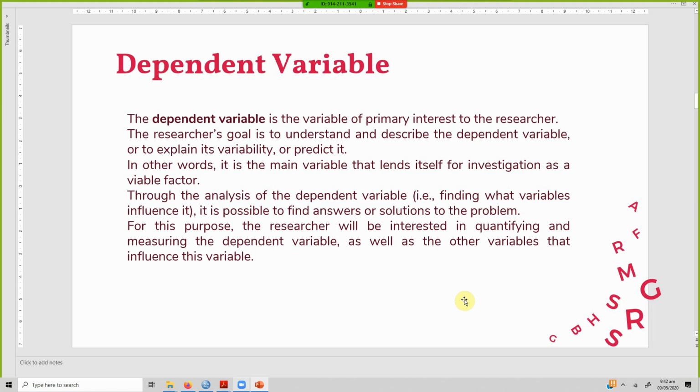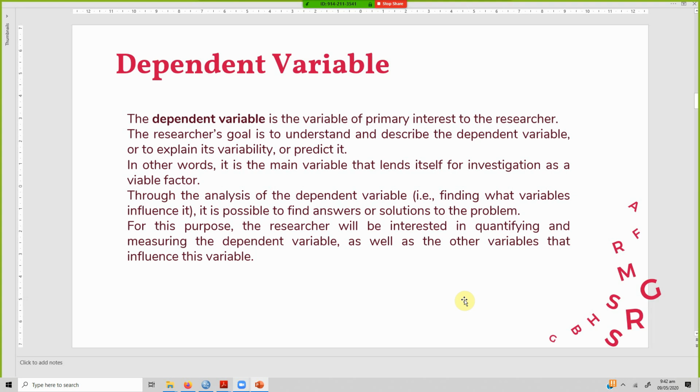In other words, it is the main variable that lends itself to investigation as a viable factor. Through the analysis of the dependent variable, that is, finding what variables influence it, it is possible to find answers or solutions to the problem.